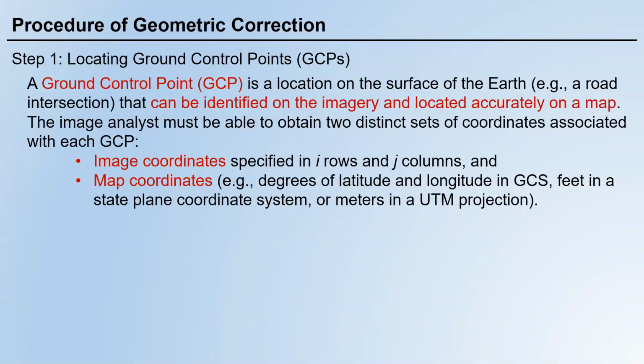But on the other hand, a regular random residential house is a very bad GCP point, right? In a residential area, there could be dozens of houses. How can you identify the same house on your reference map and identify exactly the same one on your remote sensing imagery?